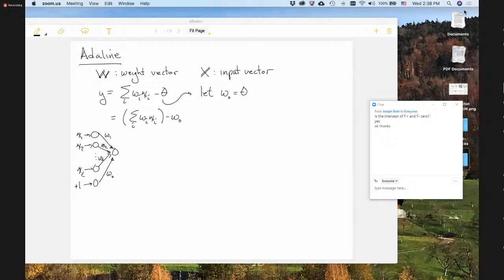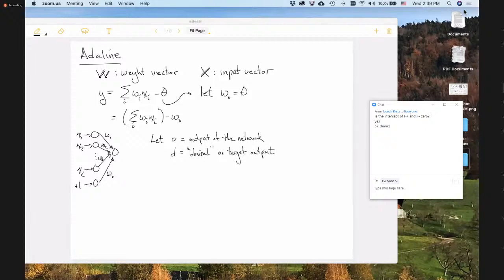All right. So the learning rule is, in fact, a little bit different. To do this, let's let O be the output of the network. And we'll let D be the desired or the target output.